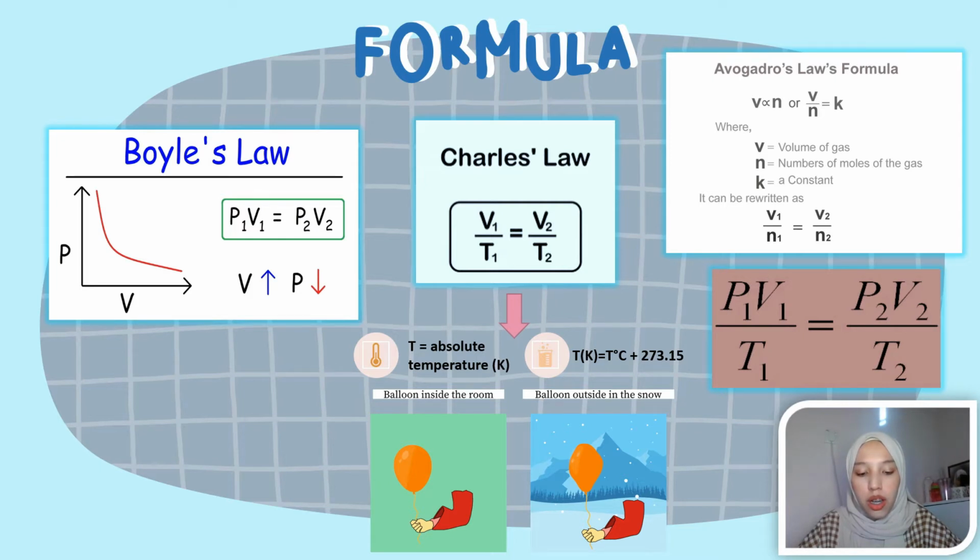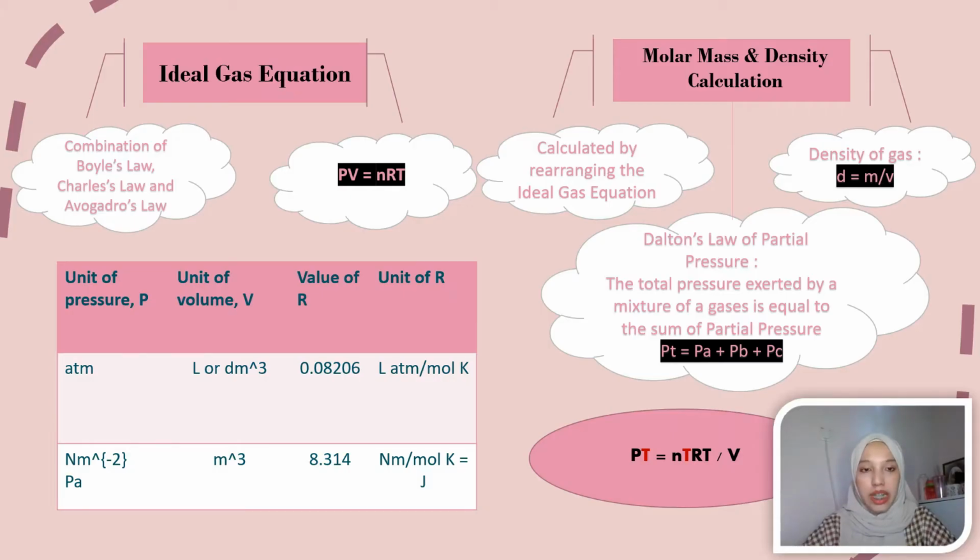The combination of the laws is P1 V1 divided by T1 equals P2 V2 divided by T2, where P is pressure, V is volume, and T is temperature. So we go to the next slide.